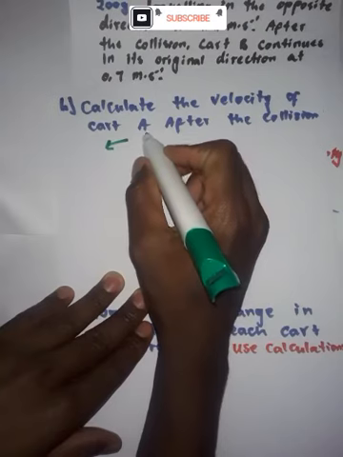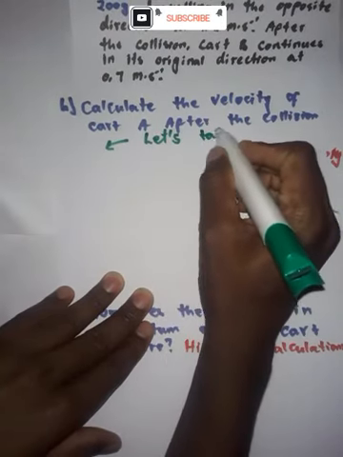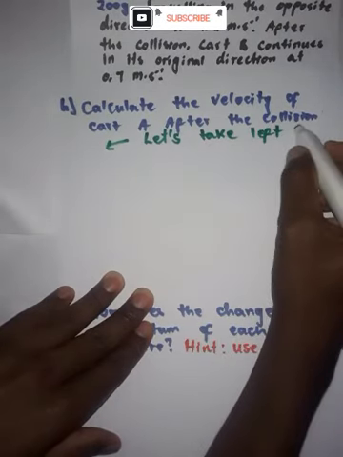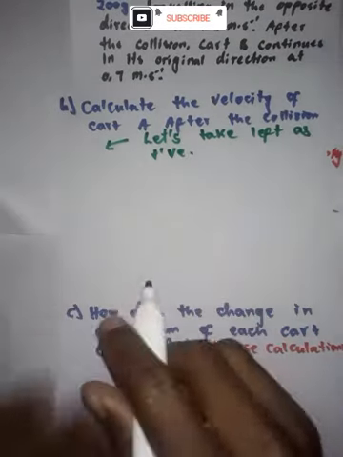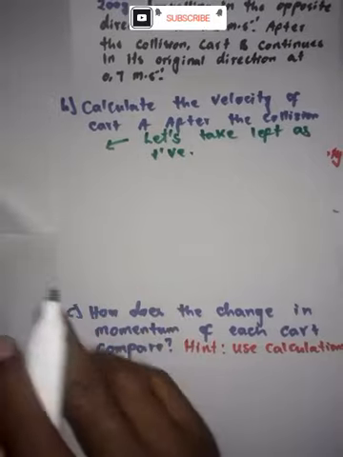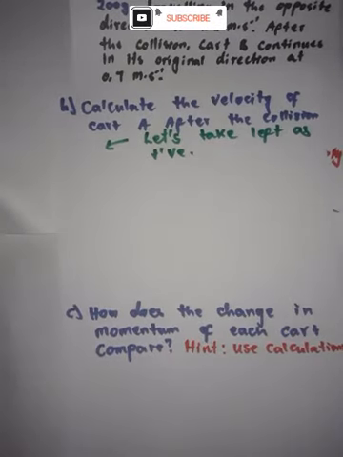So let's take left as positive. This is the first thing that you must do. First, you choose the direction that you want to take as positive. You can take right as positive, or you can take left as positive.